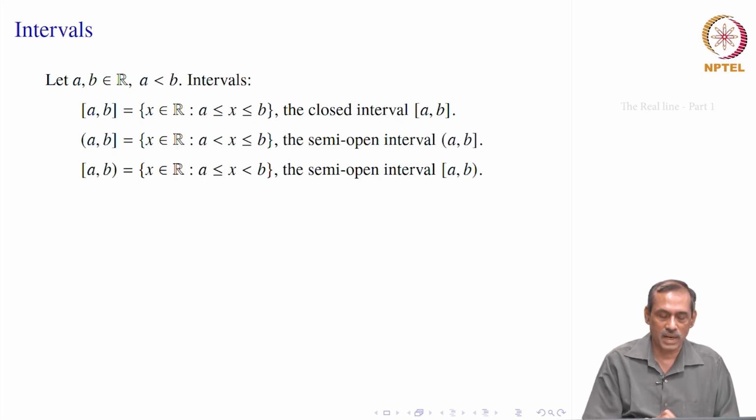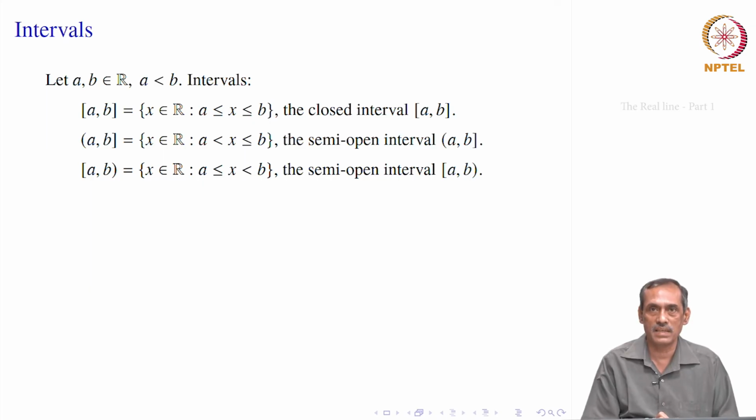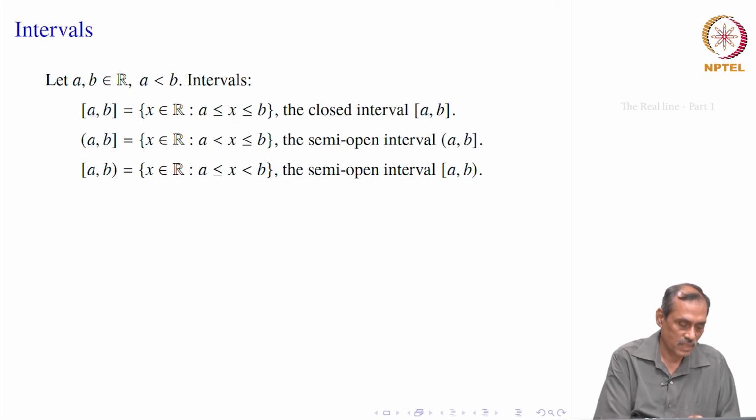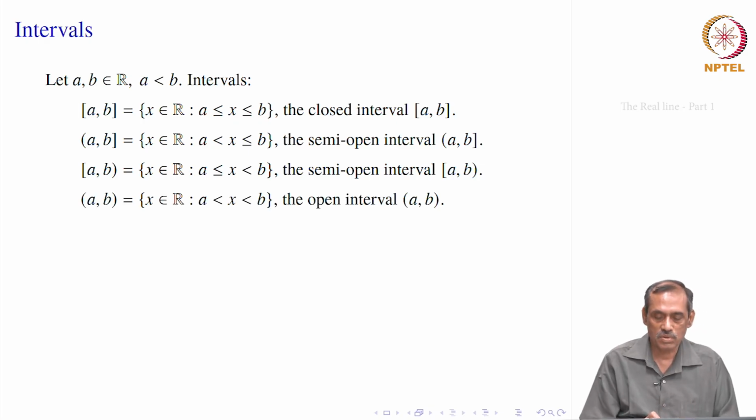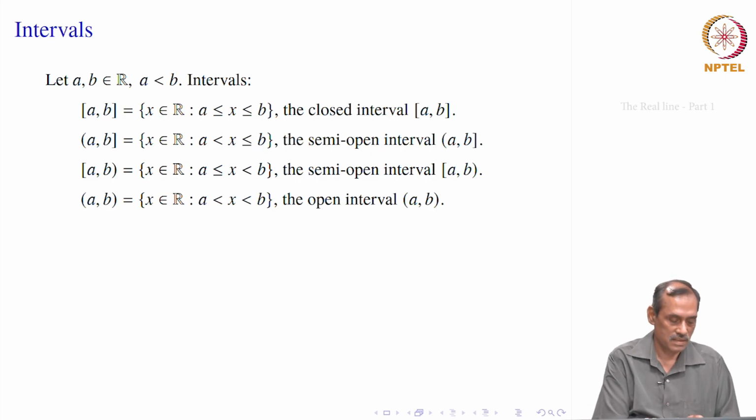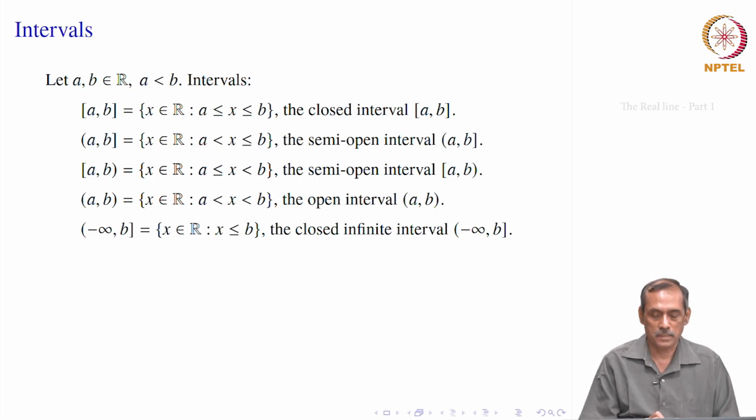Similarly, we have the other interval, on the left side it is closed, on the right side it is open. So, that means a is included, but b is not. So, it consists of all real numbers between a and b including a, but not b. Similarly, both can be open, so that both are excluded. This is called an open interval.